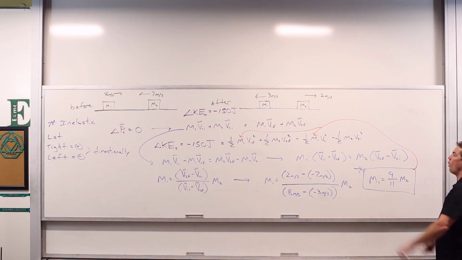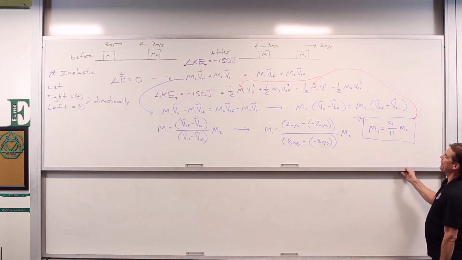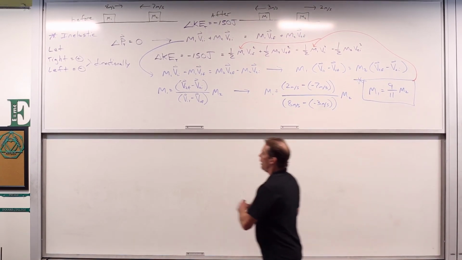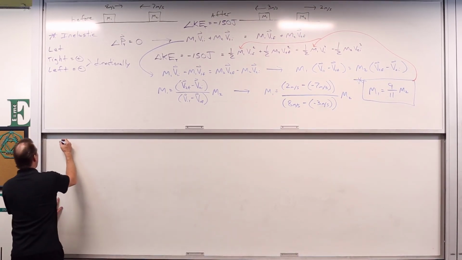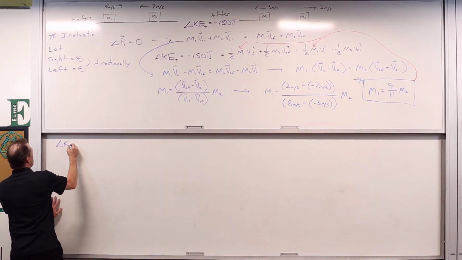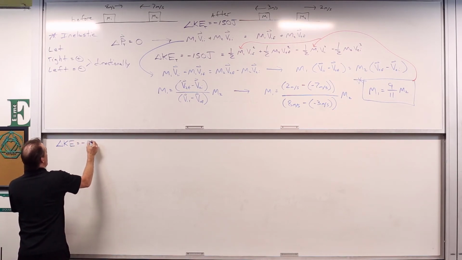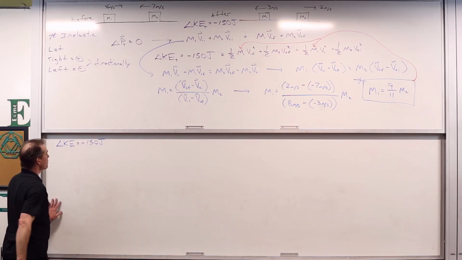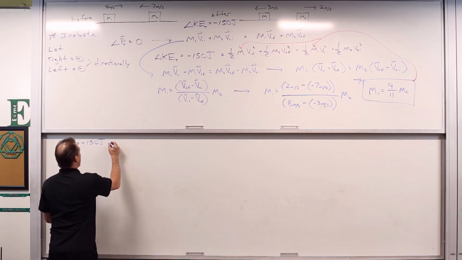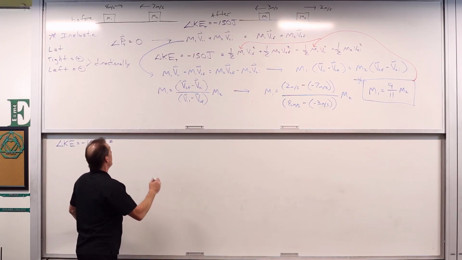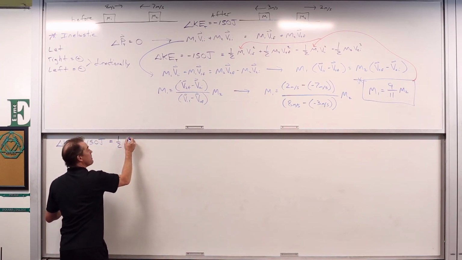So we can rewrite the whole thing all in terms of the velocities that we know and M2. Solve it for M2. So let us rewrite this all out now. We've got the delta KE is equal to negative 150 joules. And carefully now, that must be equal to 1/2 times M1.